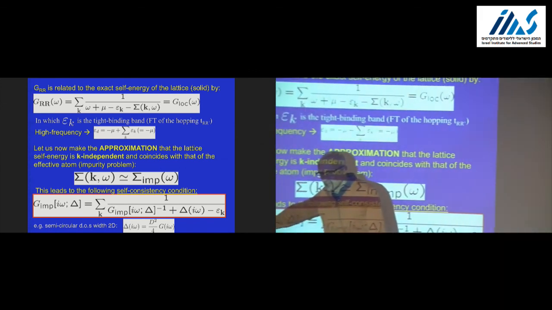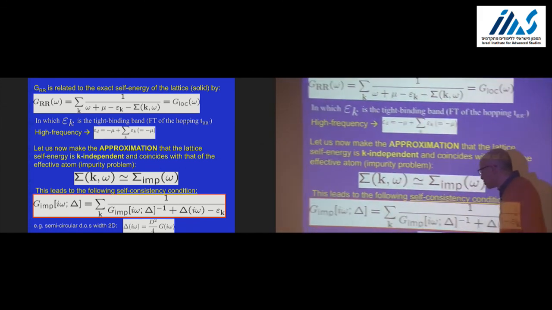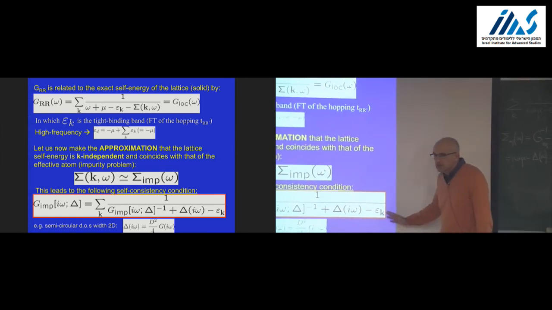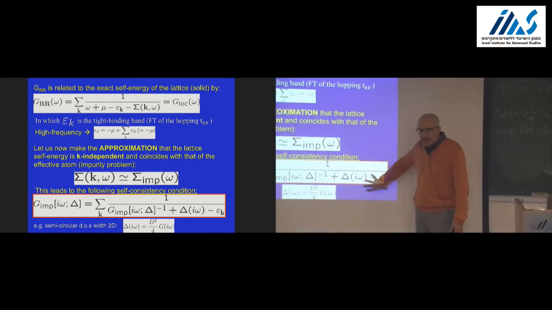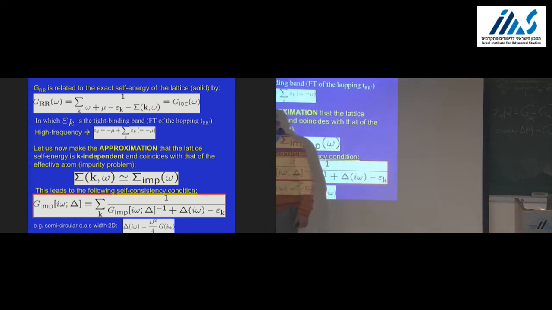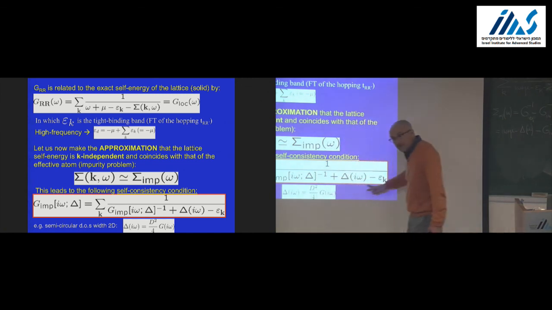This is telling you that the impurity Green's function, which is a function of delta, if you give me delta, I can solve, in principle, the Anderson impurity model to calculate this quantity, should be related to that same functional by this equation, which knows about my lattice dispersion. Okay? So this is a functional equation which gives me, in principle, delta.